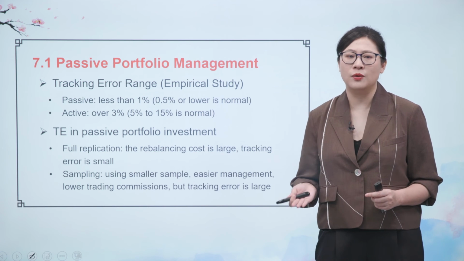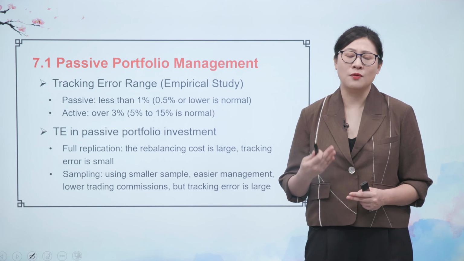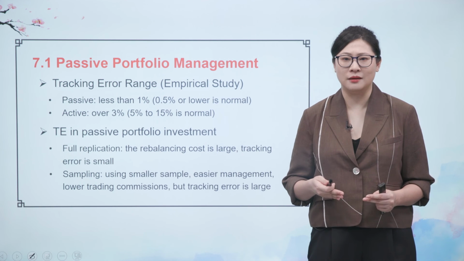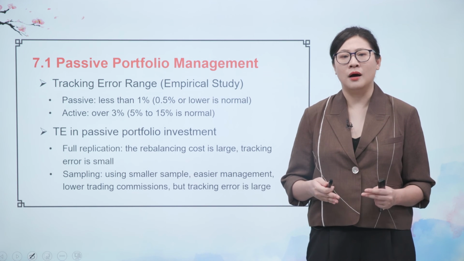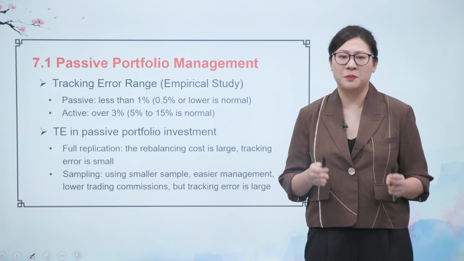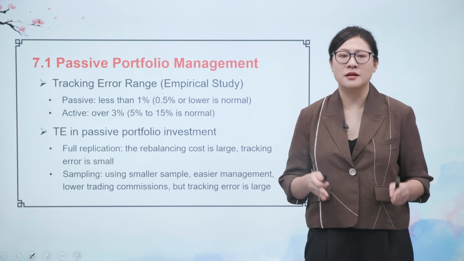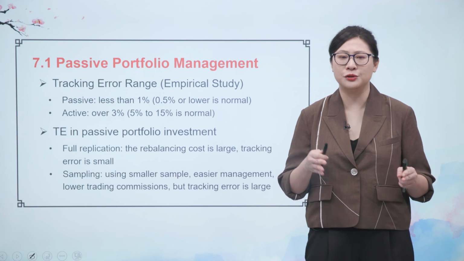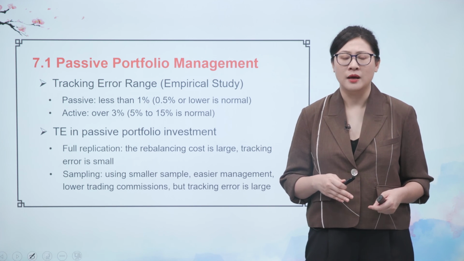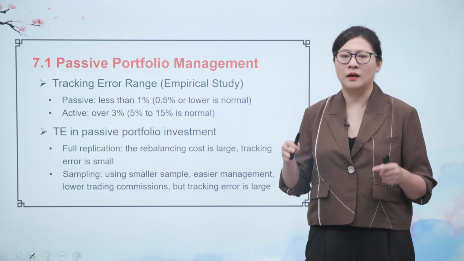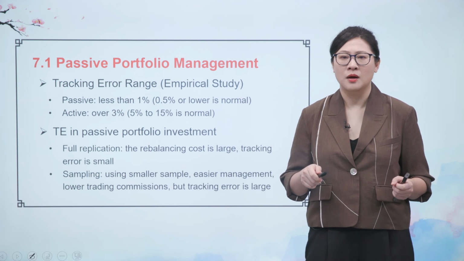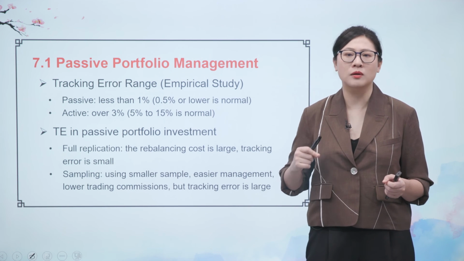So I will give you an example. If you are doing full replication, such as mimicking the S&P 500, and you include 500 stocks in your portfolio, in this case the tracking error is small because you include all the stocks.